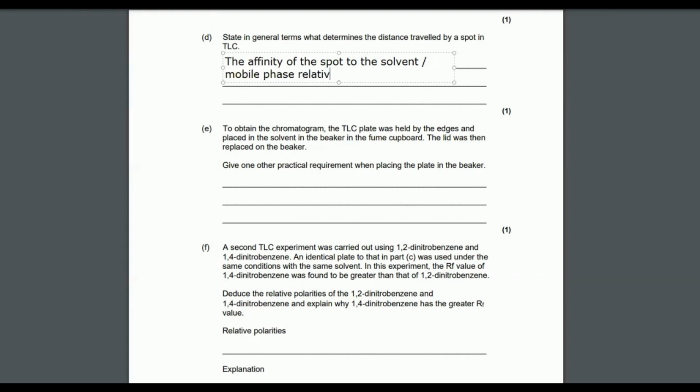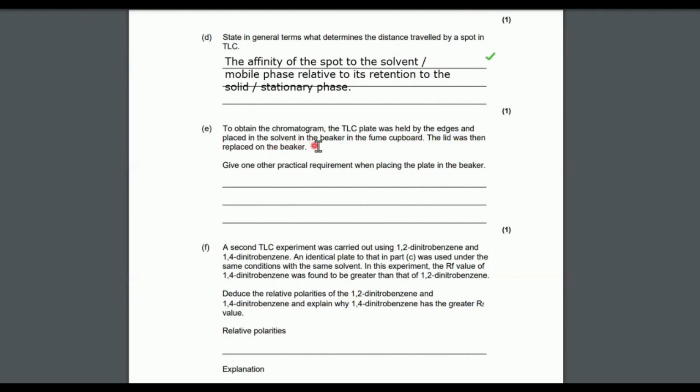When substances move, they spend some time in the mobile phase, which is the solvent, and some time retained on the solid, which is the stationary phase. So it's the relative affinity of each chemical to the mobile phase compared to its retention on the stationary phase that will tell you how far it moves.